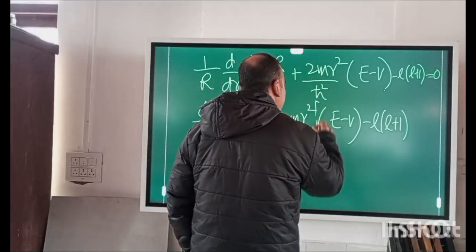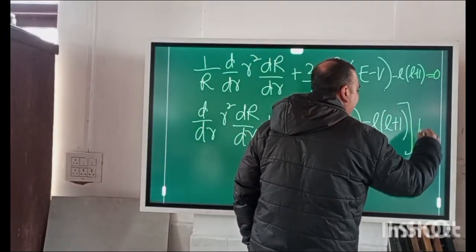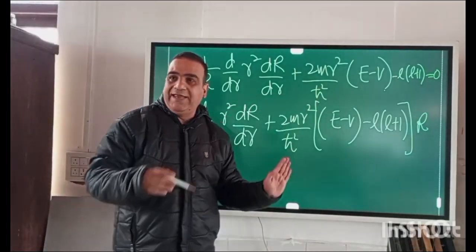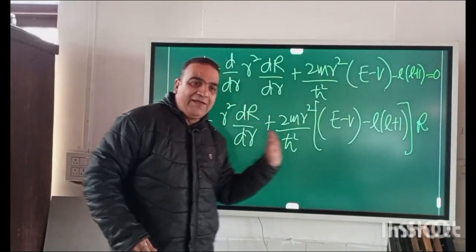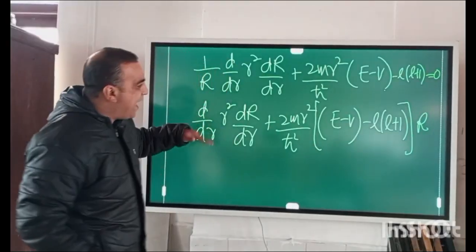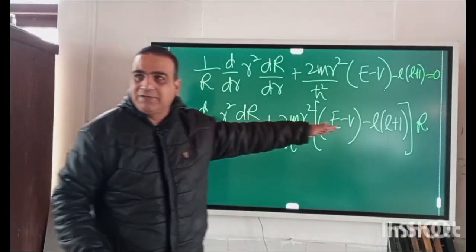Here I can multiply this whole thing by r. Taking the whole thing on the right hand side, you can take capital R and multiply this with r. Now you can see you have a differential equation in terms of capital R.